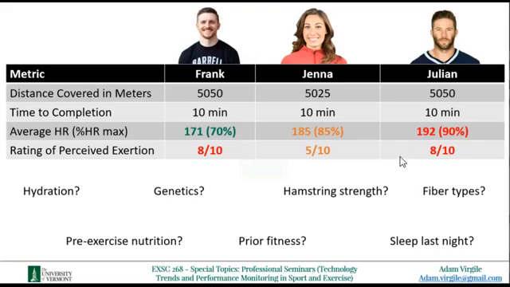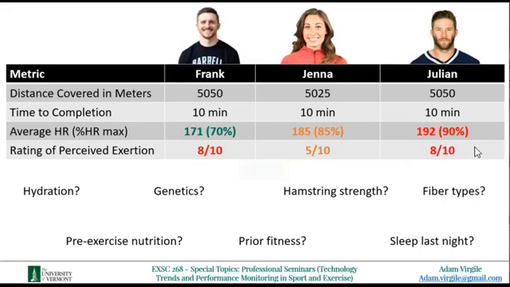They're both trying really hard, and Julian has a much higher heart rate response. Or Frank might perceive his exertion very differently than Julian does. And now we're getting into subjective versus objective metrics, where Frank's 8 out of 10 could be very different from Julian's 8 out of 10.